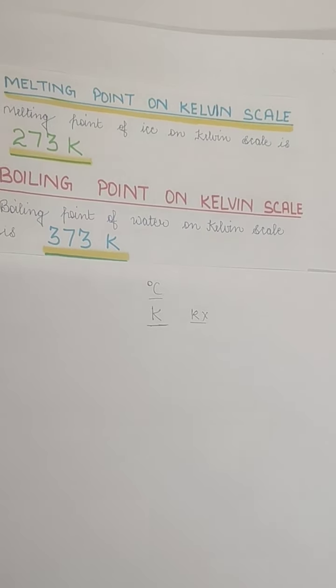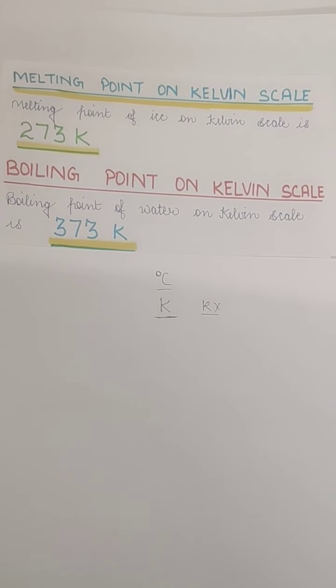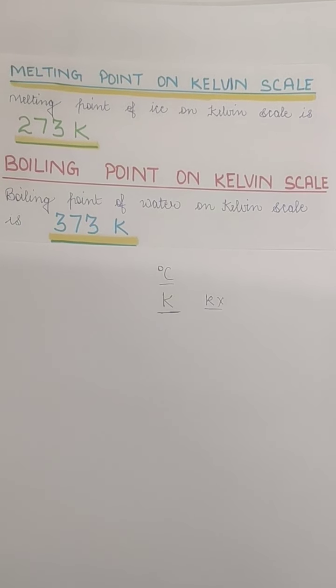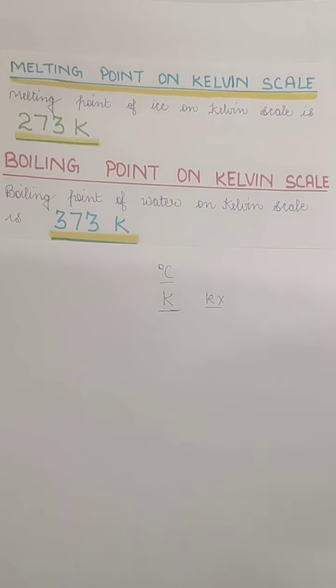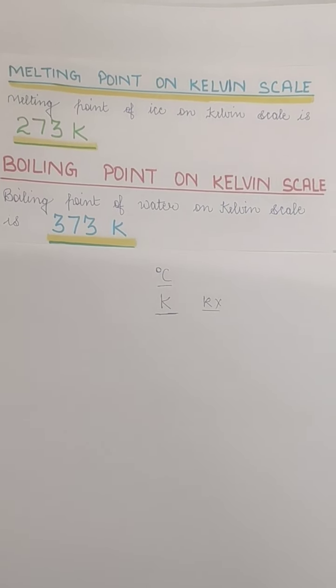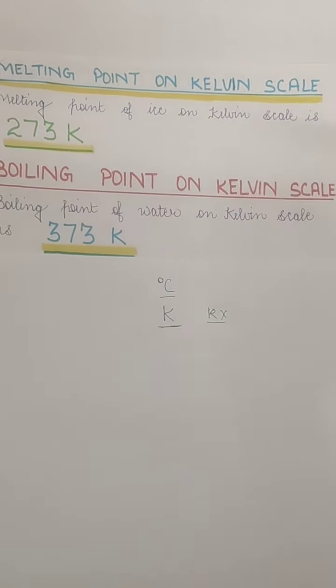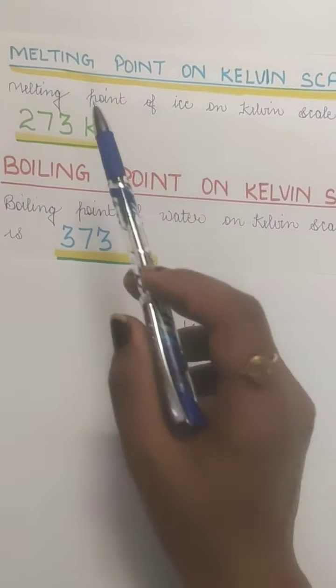No other metal can do this, but water is a versatile matter, a compound, not an element but a compound, which can be converted into all three physical states of matter. So the melting point of ice on the Kelvin scale is 273 Kelvin.